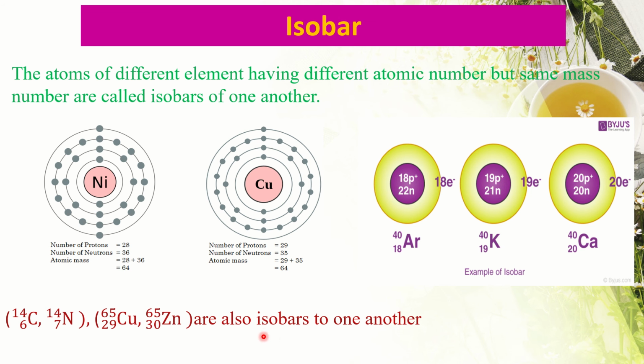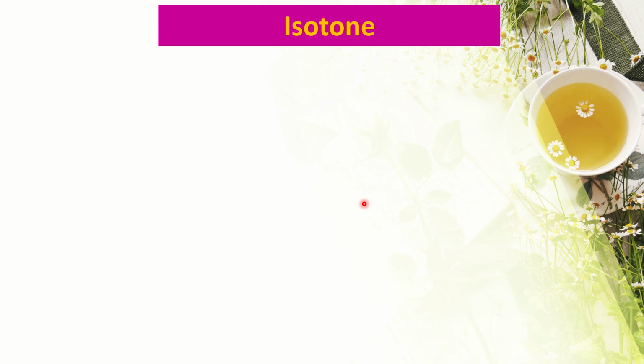In the same way, there are many isobars where you will see that their mass numbers are the same, but they are different elements, and obviously their atomic numbers will be different. So these are called isobars of one another. Now another one, that is isotone.